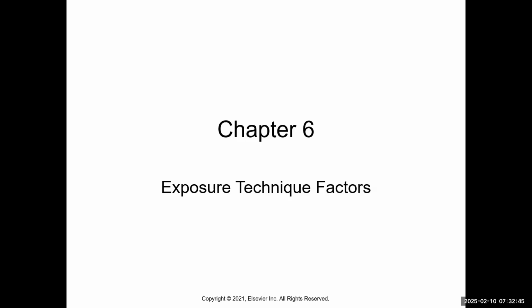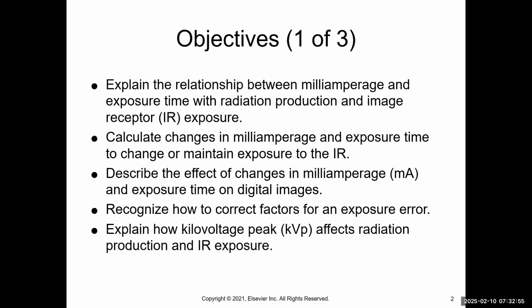So let me go ahead and get to mine. Right. So we're going to look at, go back to MA, time, math, KVP. I'm not going to read all of these.